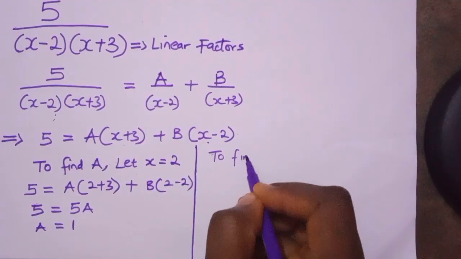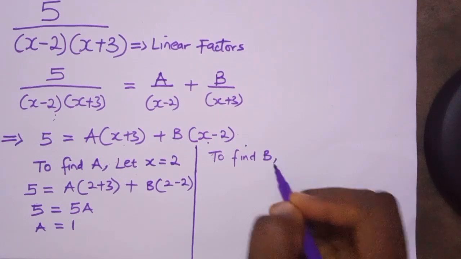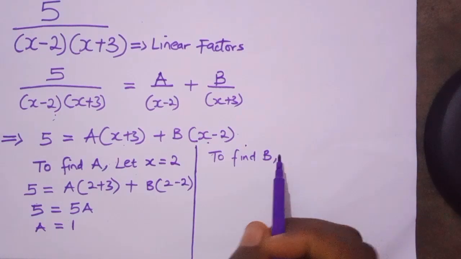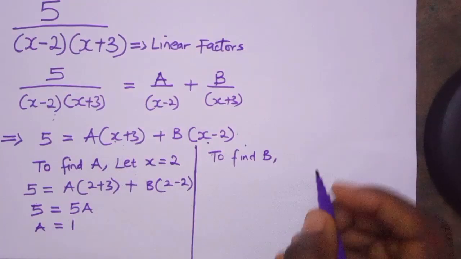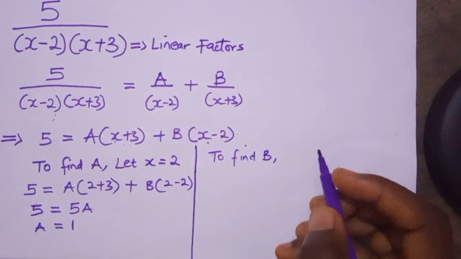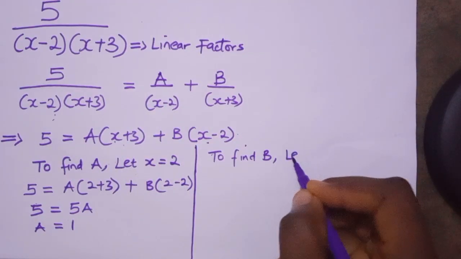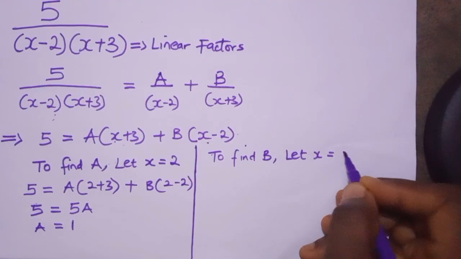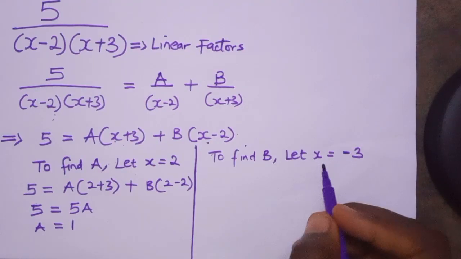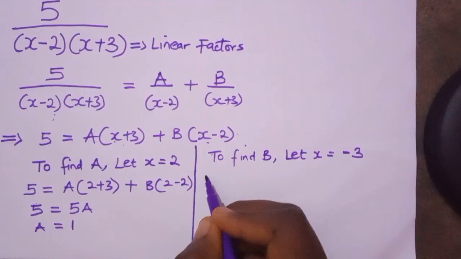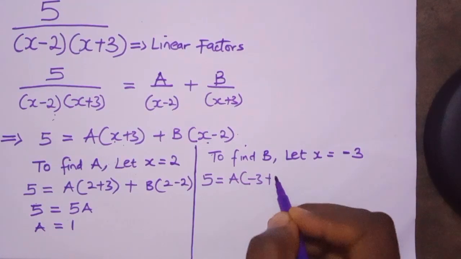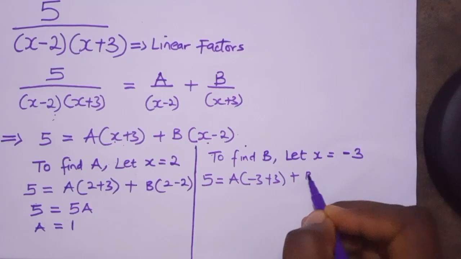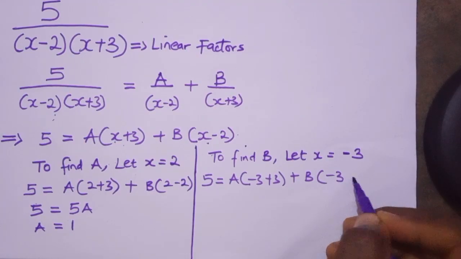To find b, we are going to look for a value of x that once we substitute it, a will automatically be 0, and the value is minus 3. Let x equal to minus 3. So let's substitute. We have 5 is equal to a(minus 3 plus 3) plus b(minus 3 minus 2).